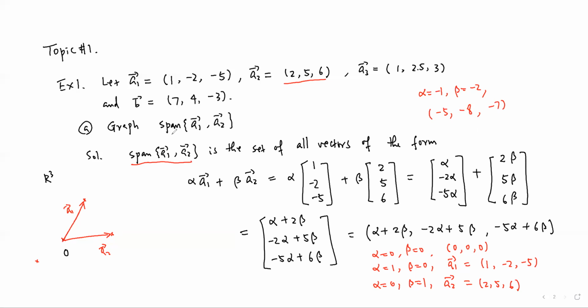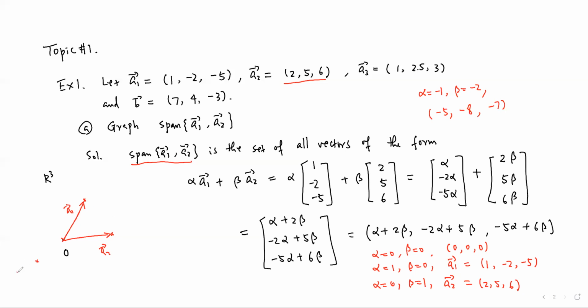If you plot all the points in this set, you will see they form a plane. The plane contains the origin, contains this point and this point. Or in other words, the plane determined by the origin and A1 and A2.